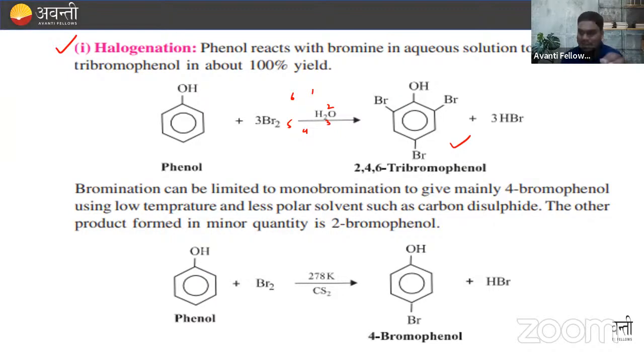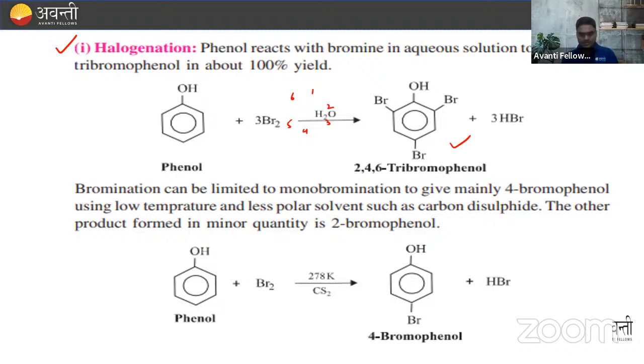Basically, at room temperature and in aqueous medium, that is in presence of H2O, the electron density increases at all ortho and para positions. This is ortho, this is para, this is also ortho. Therefore, when the electrophiles come, that is Br plus, they will substitute at all ortho and para positions, right?